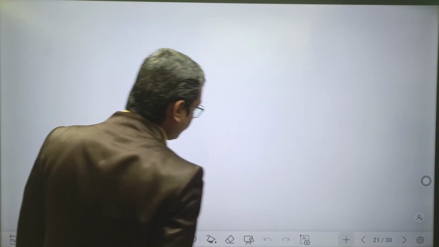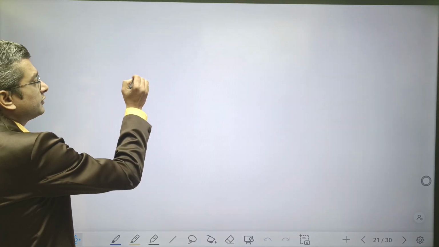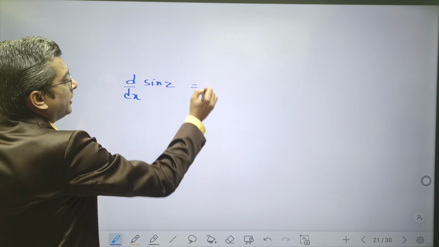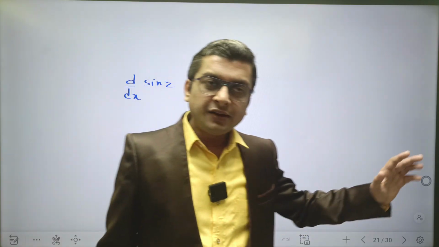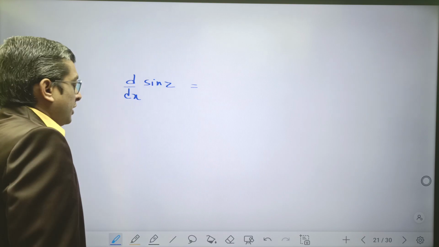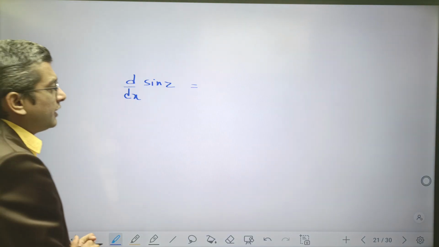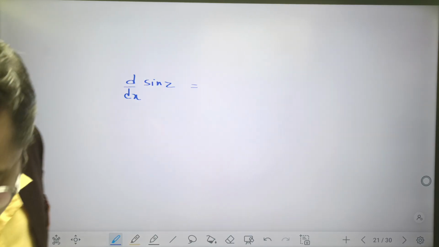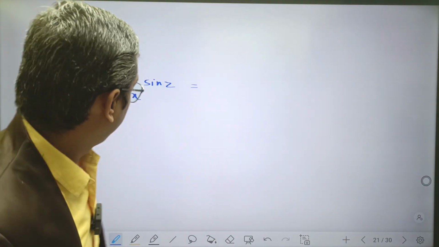Now I am changing the pattern. Suppose I write d by dx of sin z, and the value of z is missing. z is again a function, but here it is missing. As I have said earlier, the function is in z, but we have to differentiate it with respect to x.